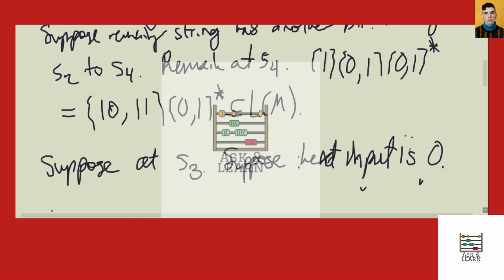Then according to the graph, we're going to move from state S3 to state S5.